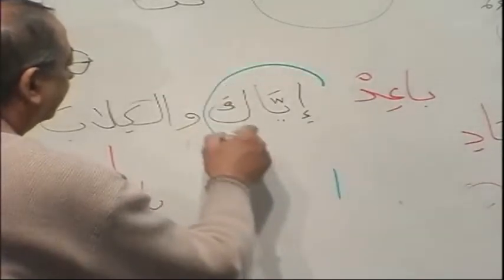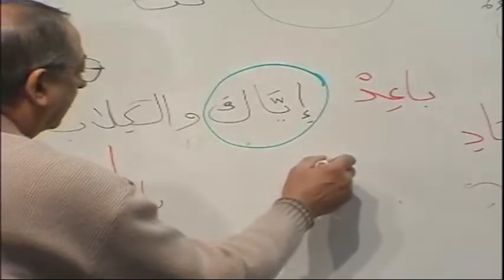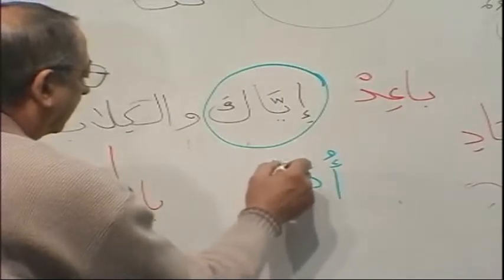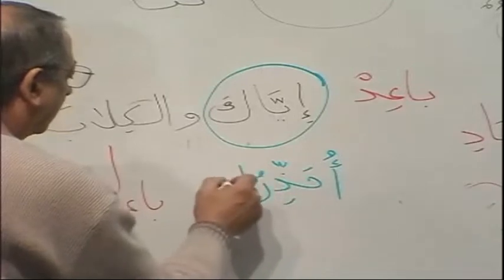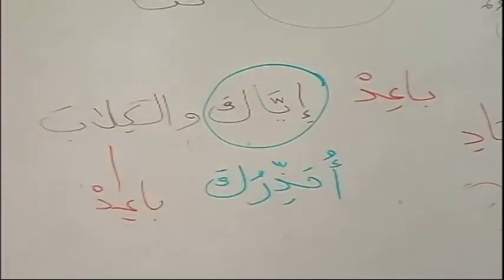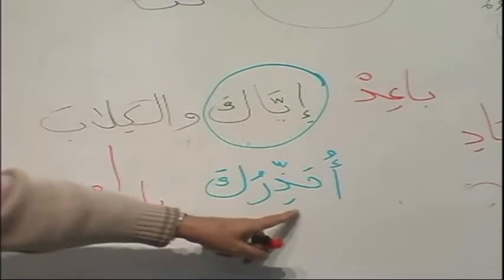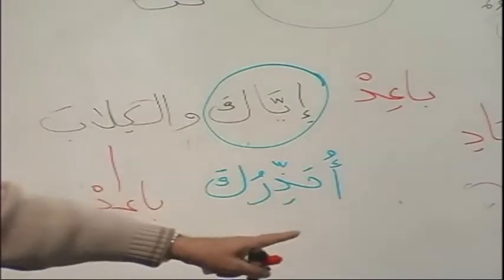What is the meaning of this, brothers and sisters? وَحَذِّرُكَ, I am warning you. Are you with me? So again, this verb, وَحَذِّرُ, you can write it down, brother. You can write it down. Huh? وَحَذِّرُكَ.